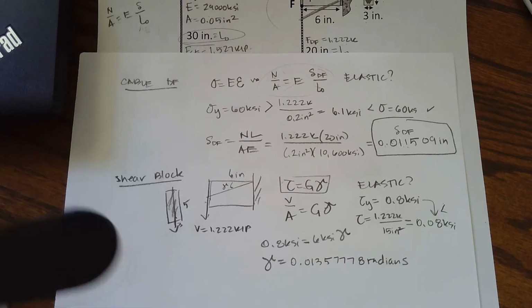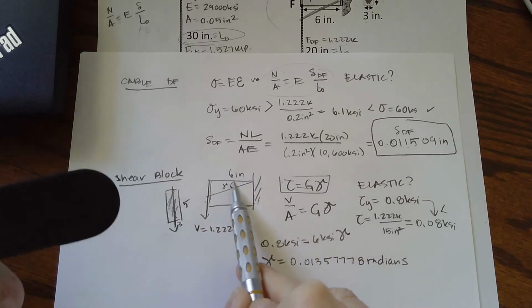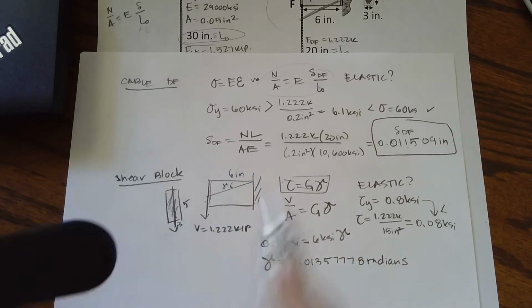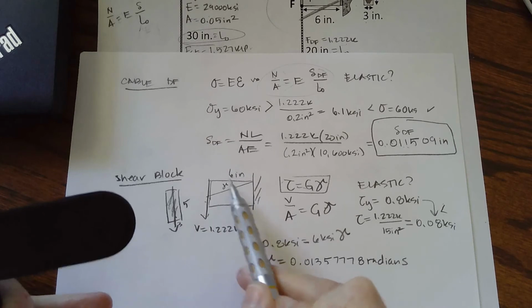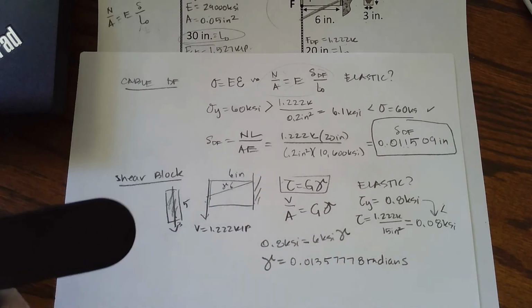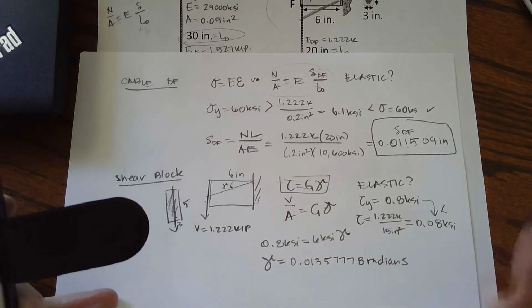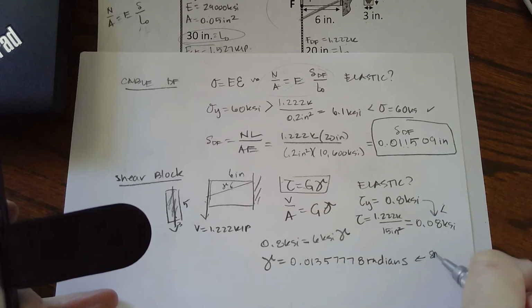And so now what can I do with this? Well, that's how much of that deformation I get, that skewing. It's like cutting bread. It's going to be that skew, that angle that I get. This number is very, very small, so this is a small strain.